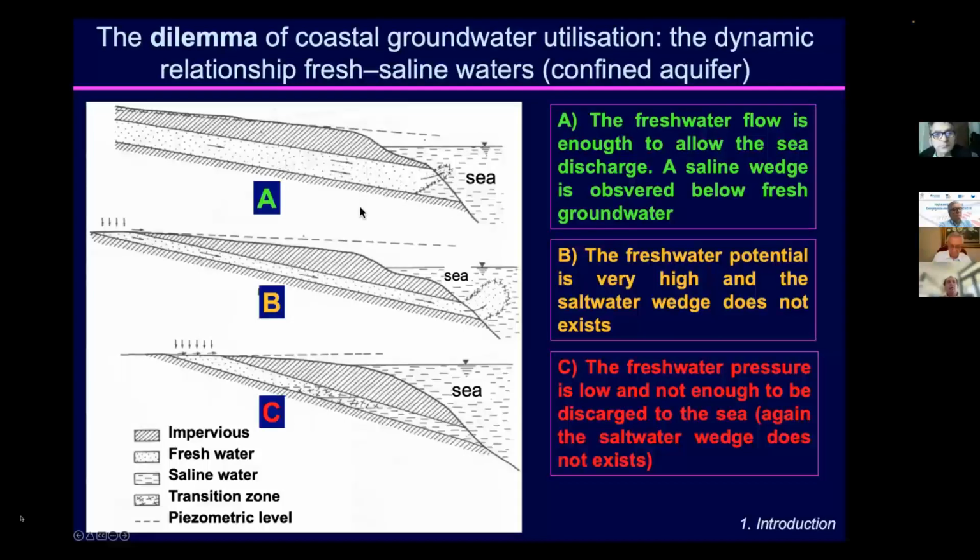But due to climate change, a decrease of recharge, or an increase of discharge, we can observe two different extreme situations. The first one is that the recharge is so high that the fresh groundwater is able to push out the brackish water, and so we have an aquifer completely full of fresh groundwater.